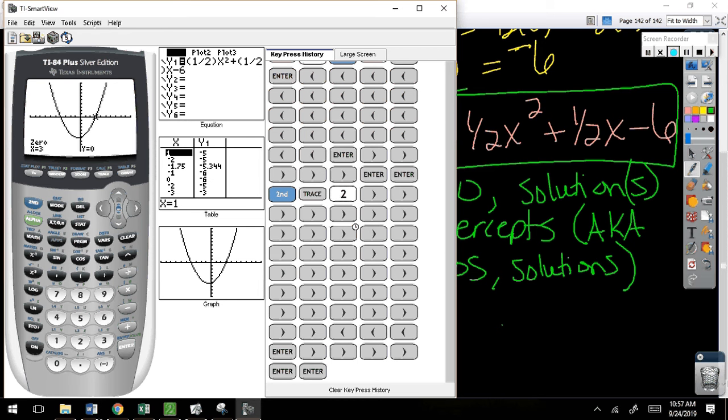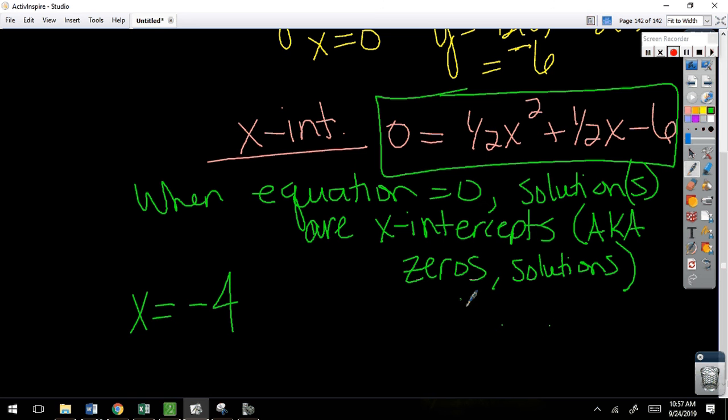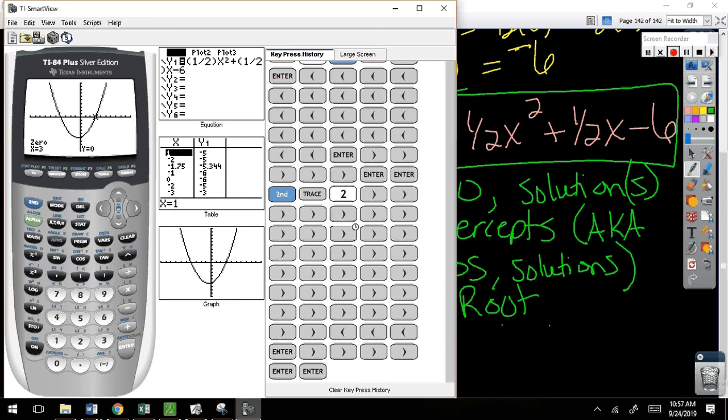You're still in your G-solve, if I remember correctly, but you're choosing root instead. Or I put X calculate, and then it tells you to put in a Y value. So you put 0 in, it gives you one of the zeros, then you press the arrow key, and it gives you that.